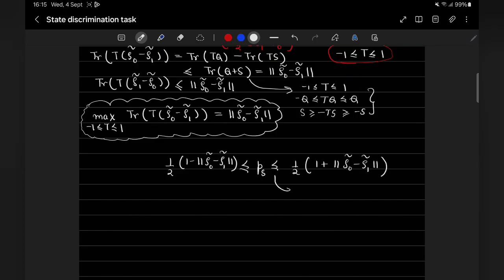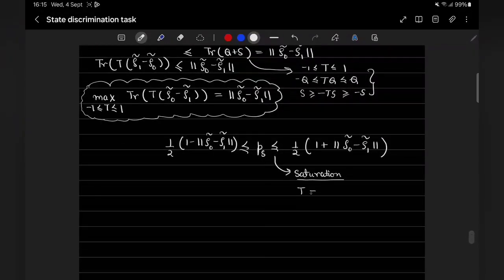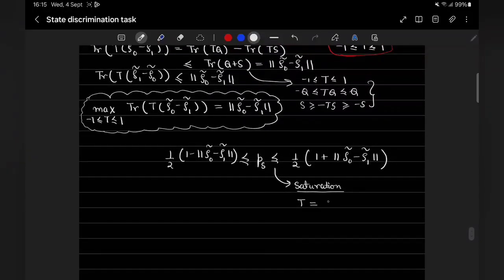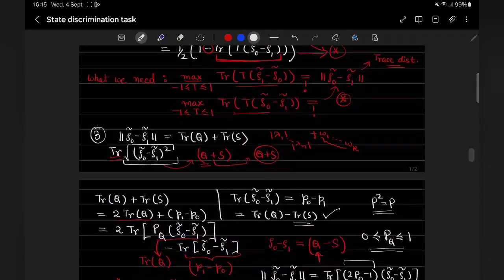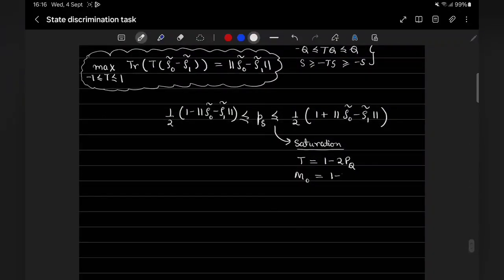Now, which projectors saturate this? So saturation. This is also simple to see. The projector is basically t equal to 1 minus 2 pq. So if t is 1 minus 2 pq, then m0 is equal to, so what is m0 here? So m0 is this expression, 1 minus t by 2, that is equal to pq.